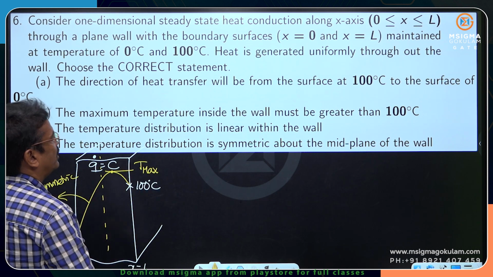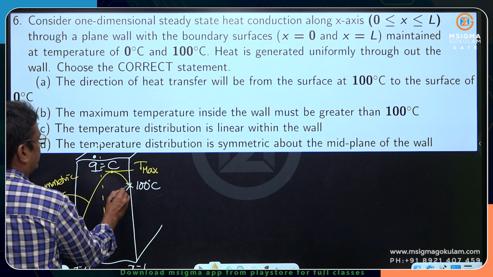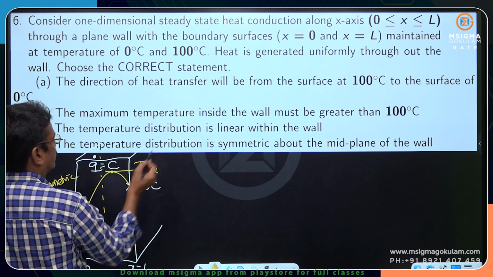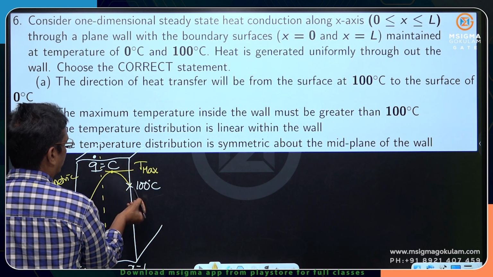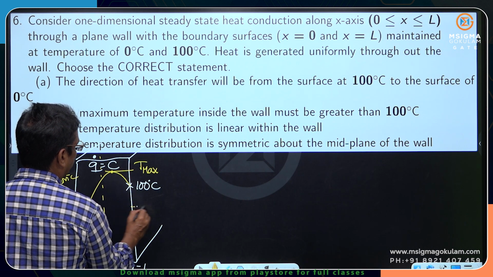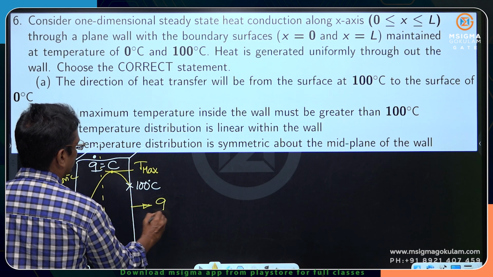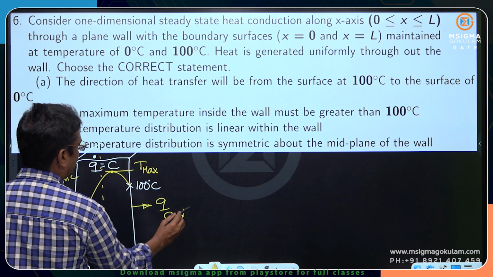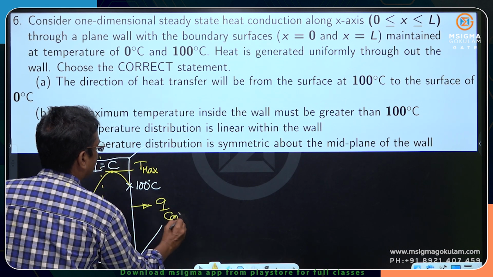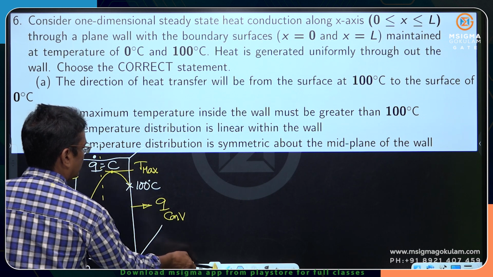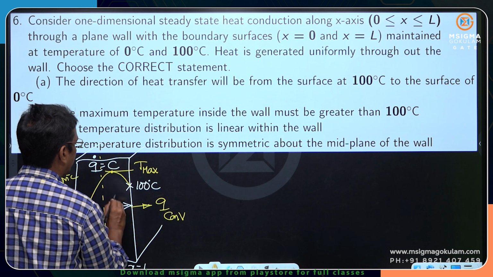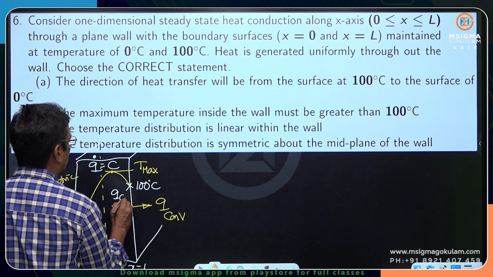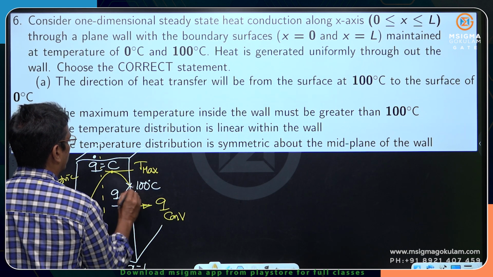Okay, the direction of the heat transfer, he has given that the direction of heat transfer is from the 100 to the surface at 0. Wrong. That is because how can the heat flow uphill? The direction of the heat transfer at 100 degrees Celsius will be rightwards only. This is the direction of heat flow, preceded by conduction here. Convection at the boundary is always preceded by the conduction at the boundary.